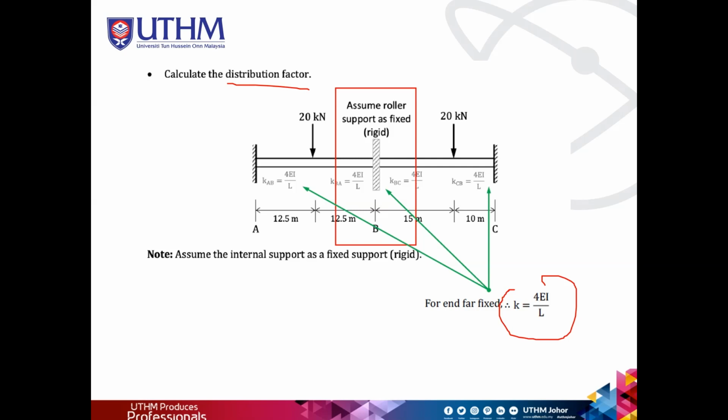Originally, we have the roller support at the center, right? But we assume the roller support as a fixed rigid support due to the location, the position of the support, which is at the center. So that's why we apply K as 4EI over L.